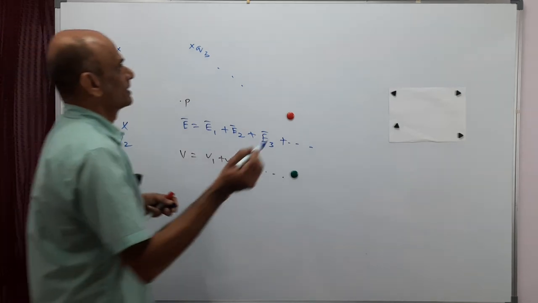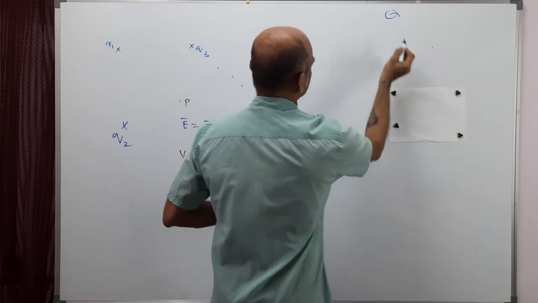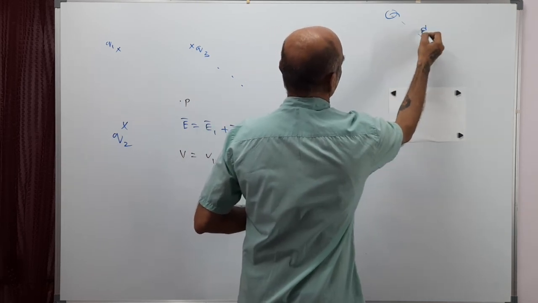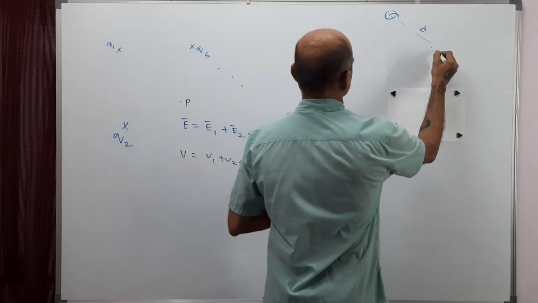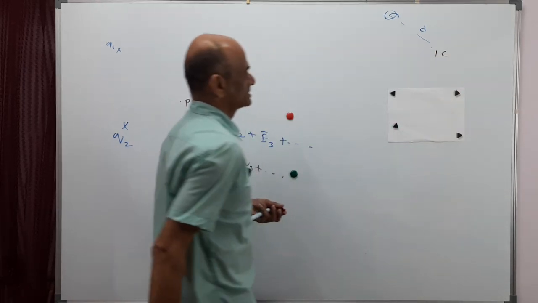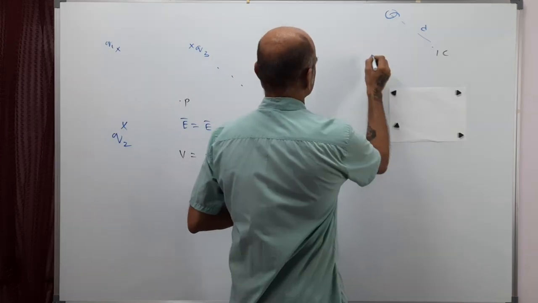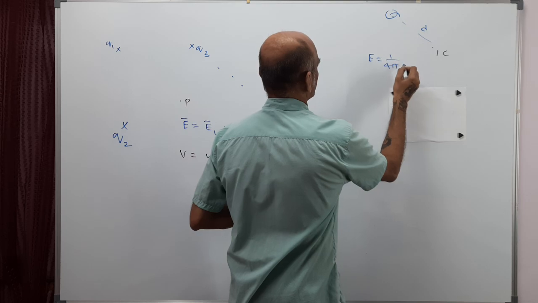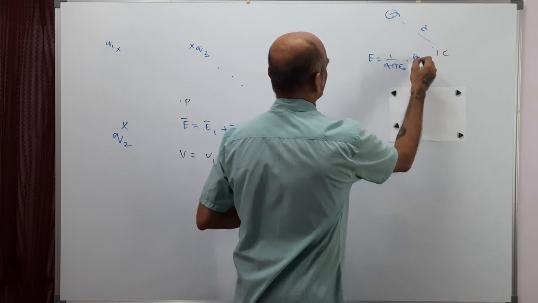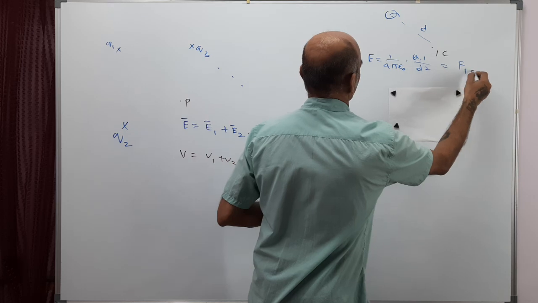Another basic thing is electric field due to a charge Q at a distance D is force on unit positive charge, which is 1 coulomb in SI units. So electric field due to this charge Q at this location is 1 by 4 pi epsilon naught into Q into 1 by distance square. So it's basically force on 1 coulomb.